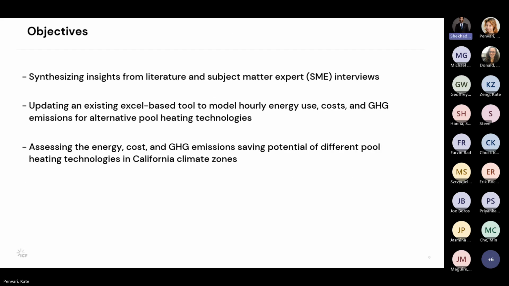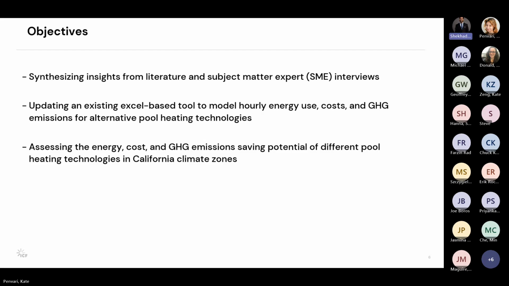So this slide summarizes the key research objectives of our study. One of the important objectives was to synthesize the insights from literature as well as subject matter expert interviews, since pool heating or pool heating equipment is a niche topic.